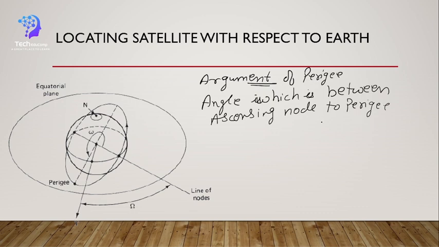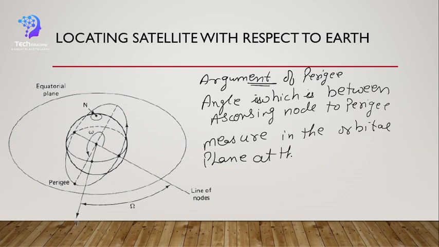This argument of perigee is measured in the orbital plane at the Earth's center, in the direction of satellite motion.